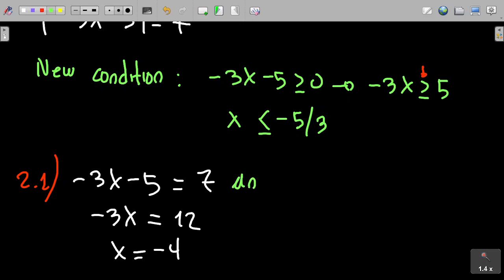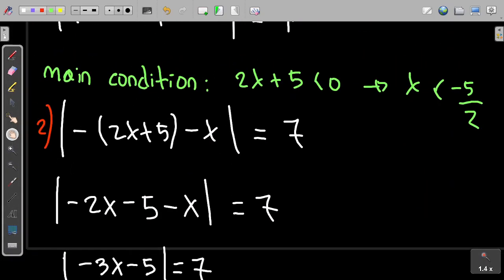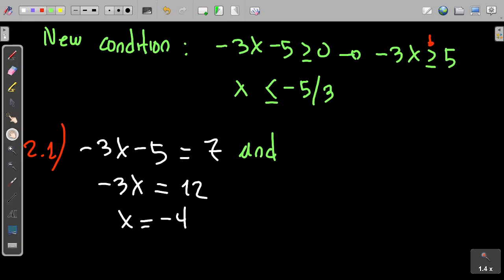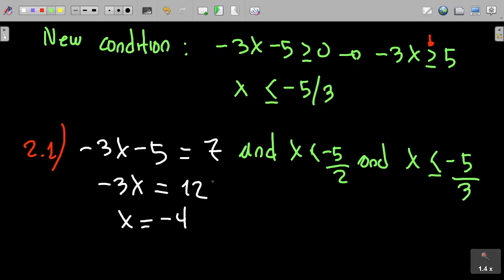Our main condition, remember, is x less than negative 5 over 2. So x less than negative 5 over 2, and x should be less or equal to negative 5 over 3.